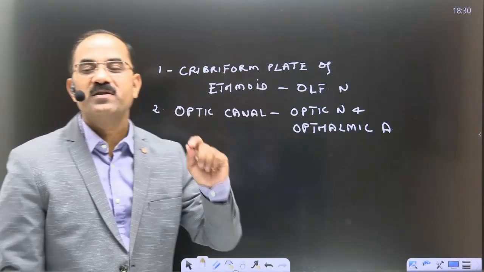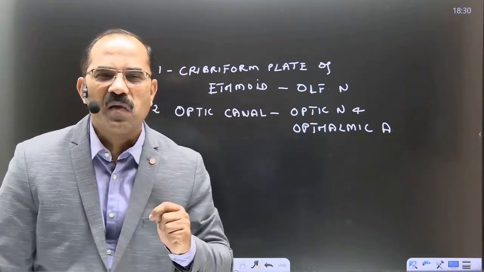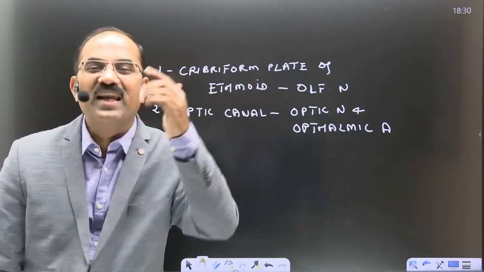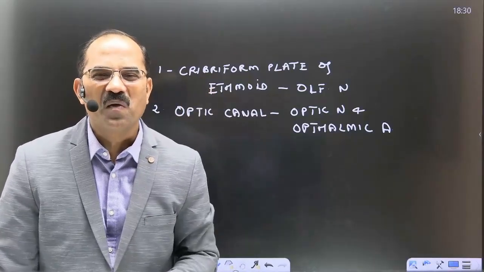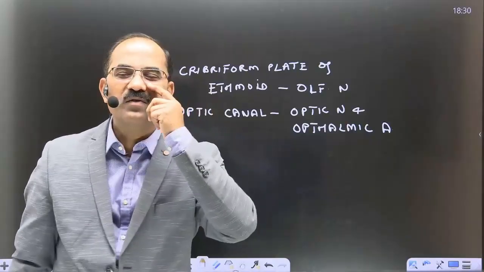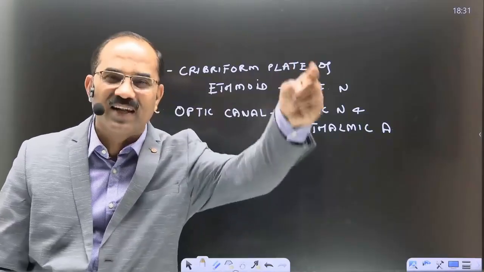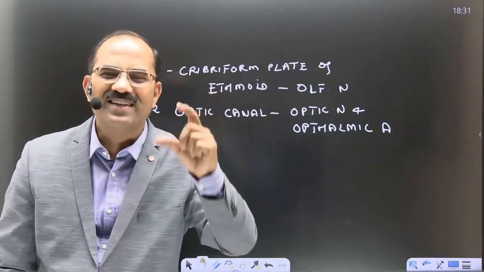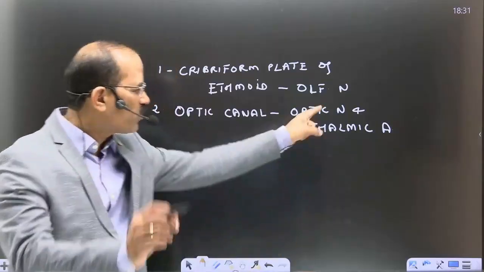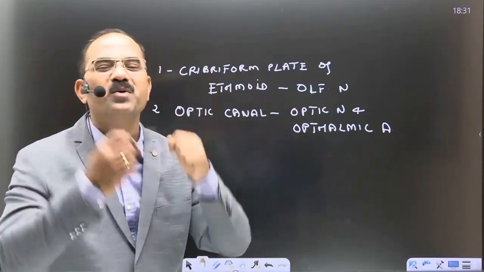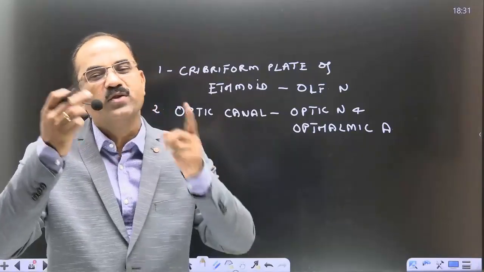And you remember, students, the branch of the ophthalmic artery which was anastomosing at the medial angle of the eye. We have seen this in the lecture on the face. The dorsal nasal branch of the ophthalmic artery anastomoses with the angular branch of the facial artery.